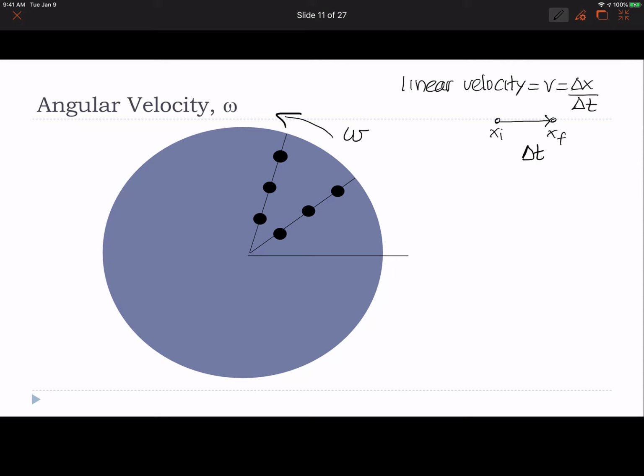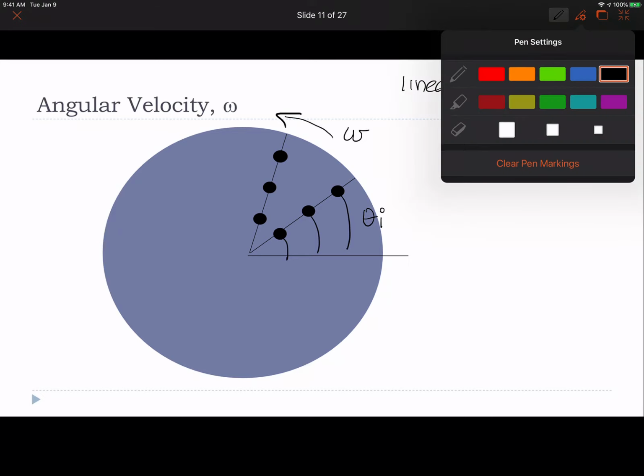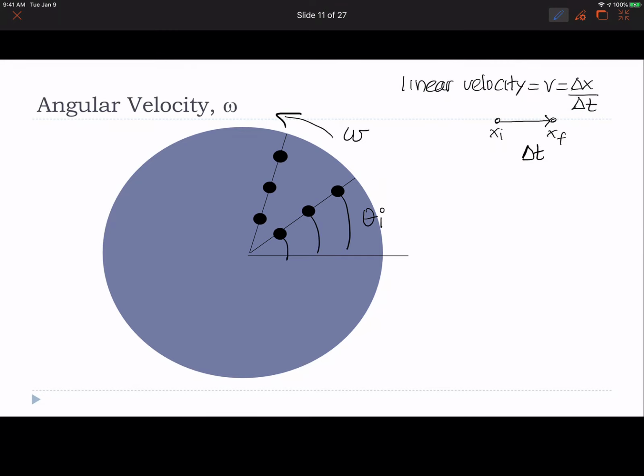And so for any one of these points on here, they all start at the same initial angular position, and then after some time they have moved through to a new angular position, where their new angular position is essentially the entire angle here, final.